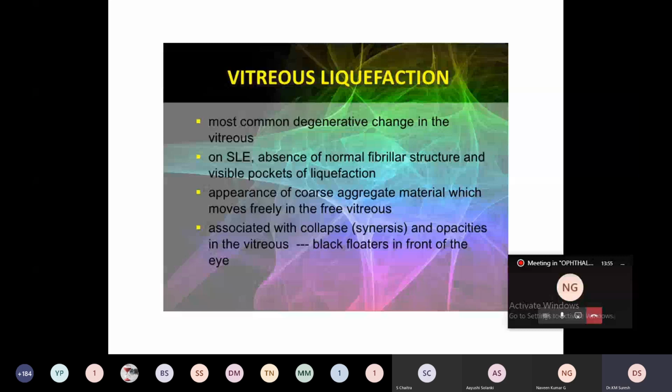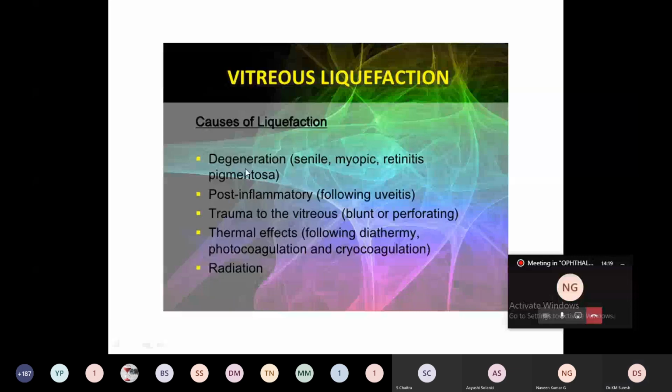So the collapse is referred to as syneresis. It's associated with collapse and opacities in the vitreous, and the patient complains of black floaters in front of the eye. These are the features of vitreous liquefaction due to senility, which normally occurs after the age of 65.